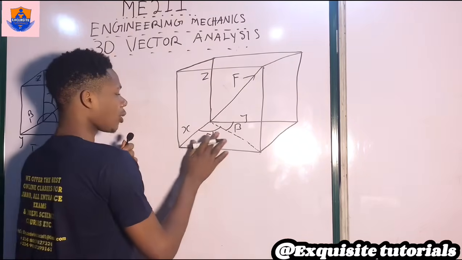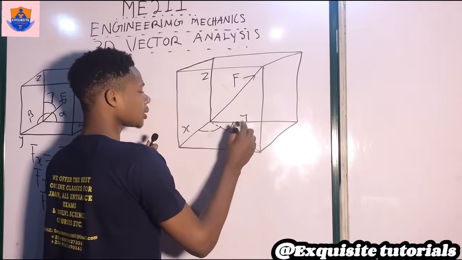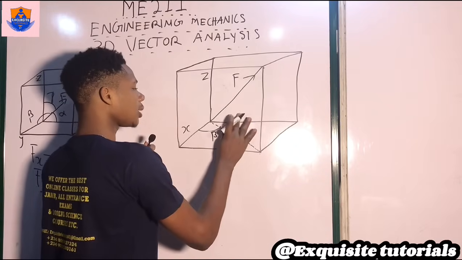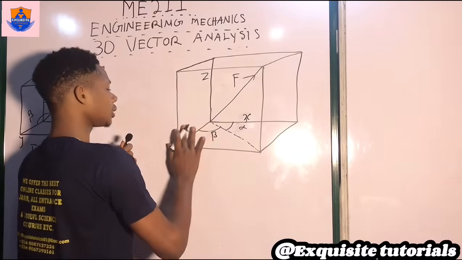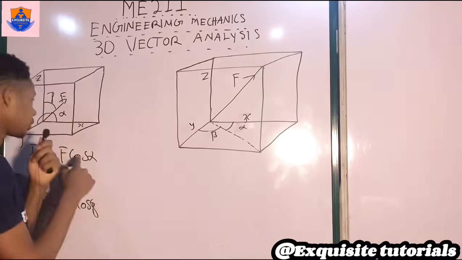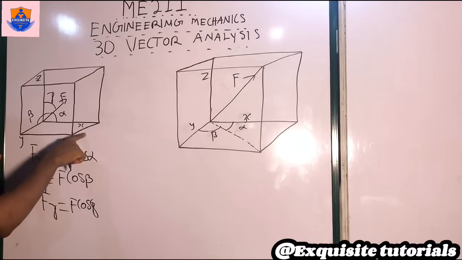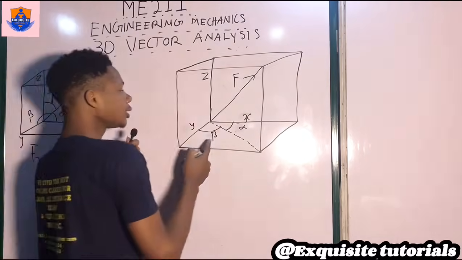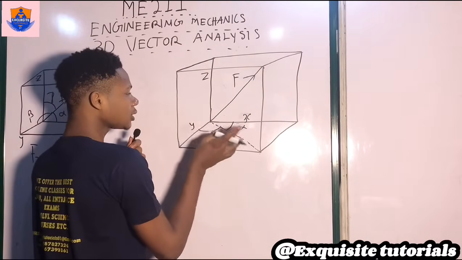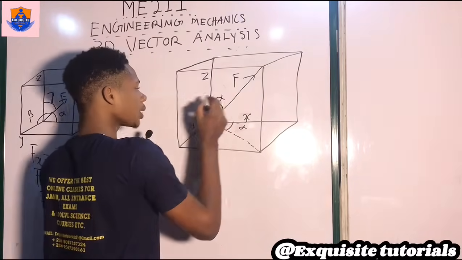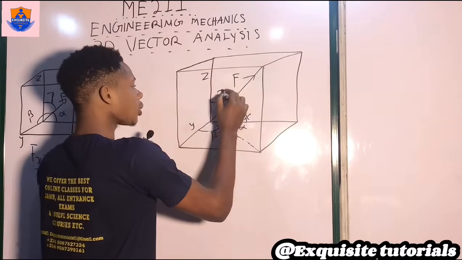Doesn't matter, or I can choose to replace this one as alpha, beta, x, and then I'll call a y, just because for the other diagram we call this part the x and this part the y-axis. Now, to find the resultant component of this force, I'm going to call this part gamma.